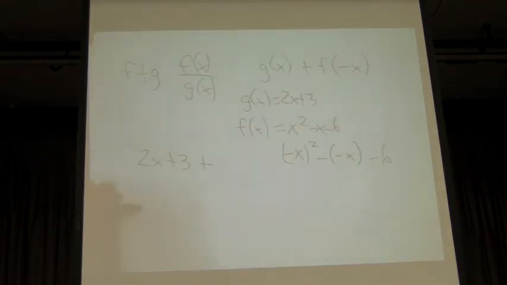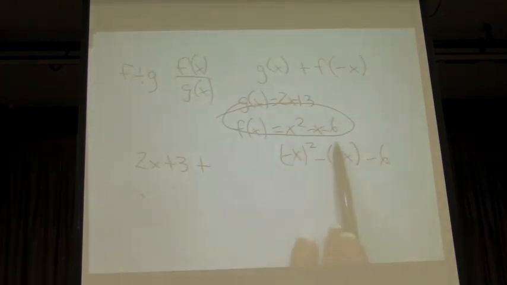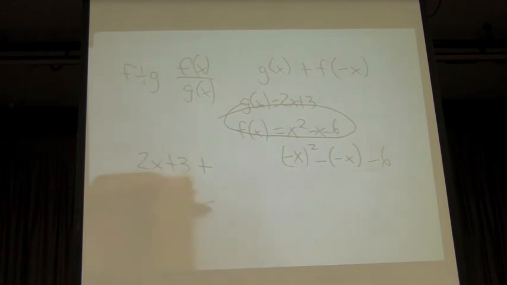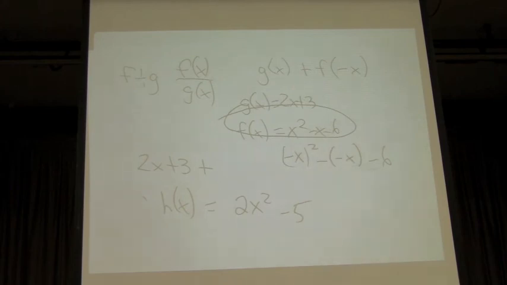The inverse of a quadratic. We really couldn't ask you to find the inverse of something like this. But we could ask you to find the inverse, say, of h of x equals 2x squared minus 5. We'd have to basically have only one x.